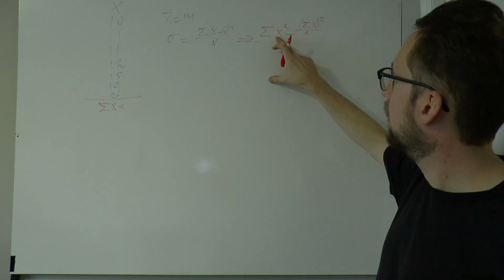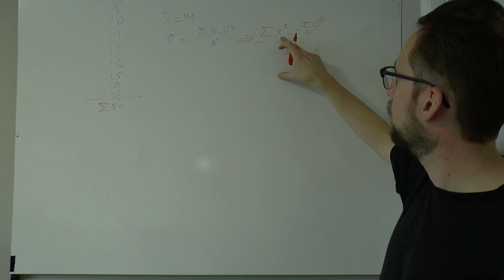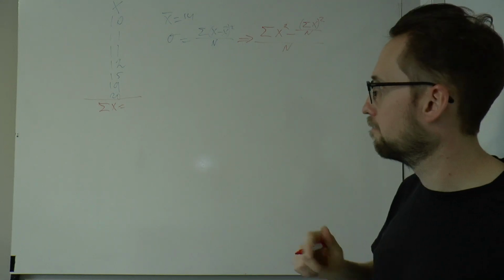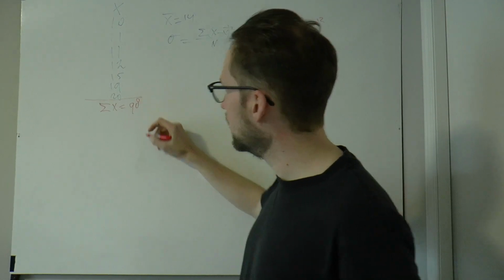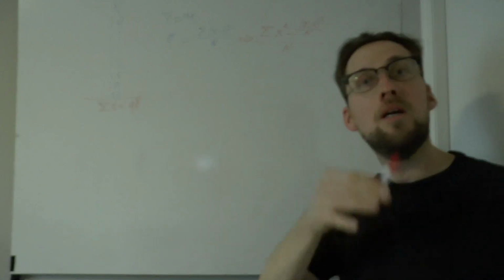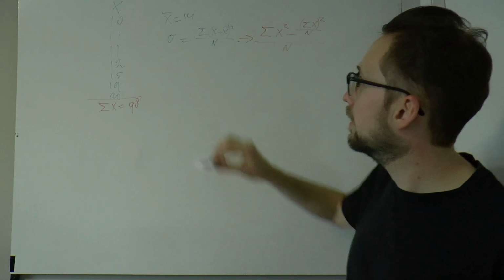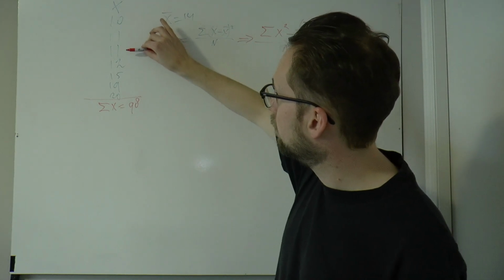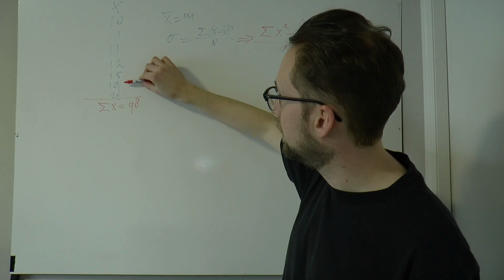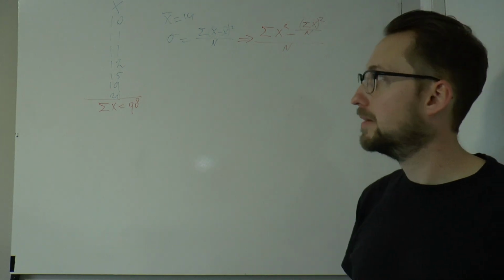The sum of all these x's is 98. See if you can replicate that number. 10 plus 11 plus 11 plus 12 plus 15 plus 19 plus 20 is 98.